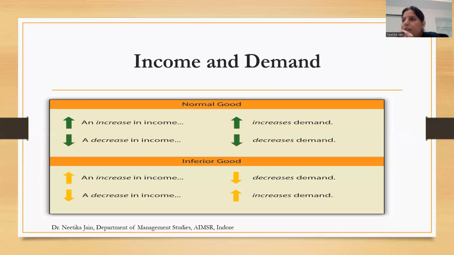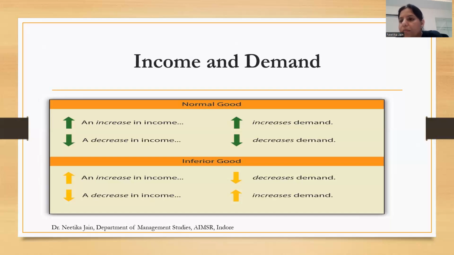You will not buy ordinary salt, you will buy salt of a higher quality. So your preferences get affected for inferior goods. This case only applies to income and demand. In case of income, only for normal goods, as the income increases, there will be an increase in demand, whereas an increase in income may lead to a decrease in demand for inferior goods.